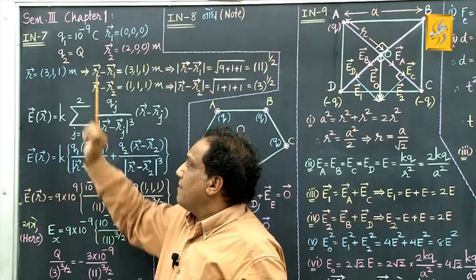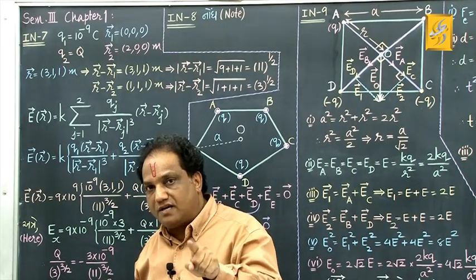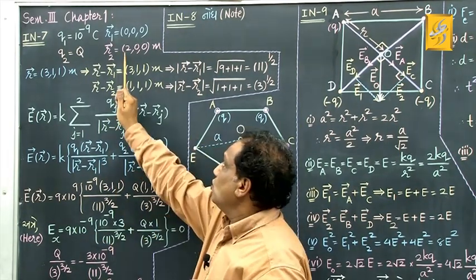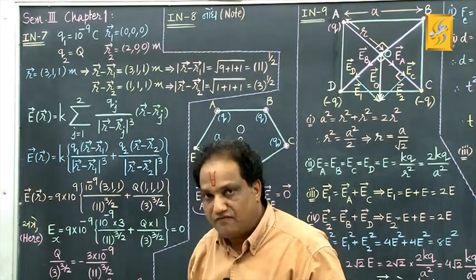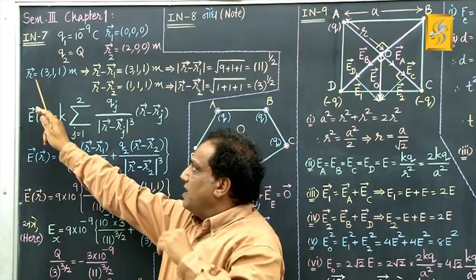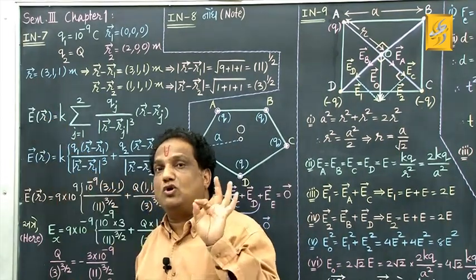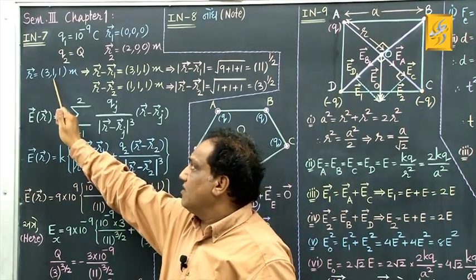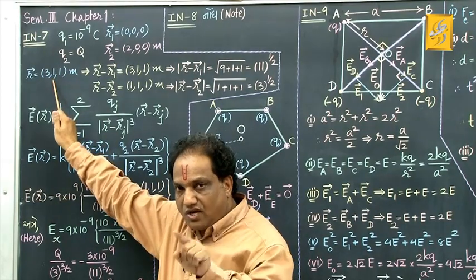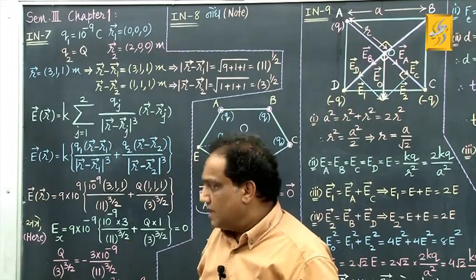Second point charge is capital Q, which is located at a position whose coordinates are given in the statement as 2, 0, 0 meter. Now, a point where we find electric field is called point of observation, and for that point in the statement they have given these coordinates 3, 1, 1 meter.